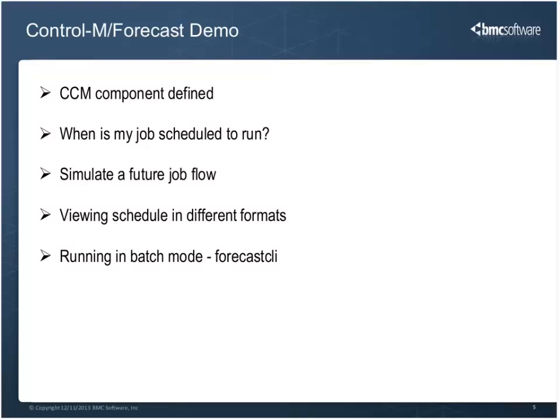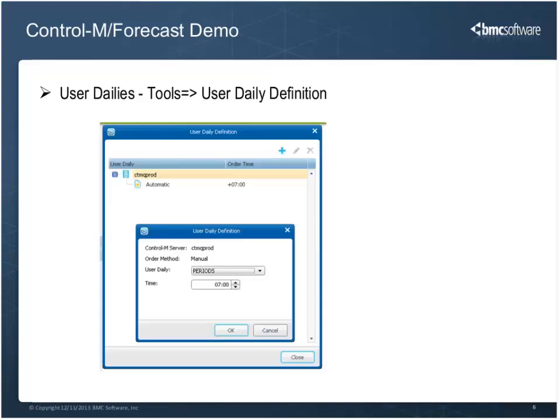So let's take a look at a couple other scenarios here. Now regarding user dailies, the forecast may not be aware of specific user dailies that are defined for your particular data center. Let's say you have one that comes in at 7 o'clock, but it's not the system user daily.